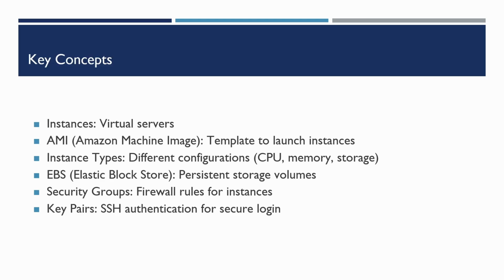Okay, then AMI stands for Amazon Machine Image. Now, if you have used VirtualBox or Hyper-V or these types of hypervisors, then you know that when you want to run a virtual machine, you need an image to run it, right? Usually you will install an OS with the help of an ISO.